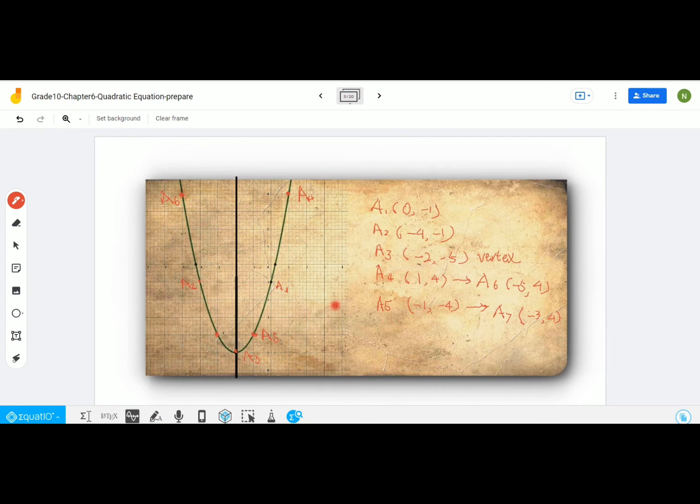And for A5, A5 is here, right? Negative 1, negative 4. In the same way we can find A7, because if we join these 2 points and form a segment, this line of symmetry will be the perpendicular bisector of this segment. Okay, that's it.